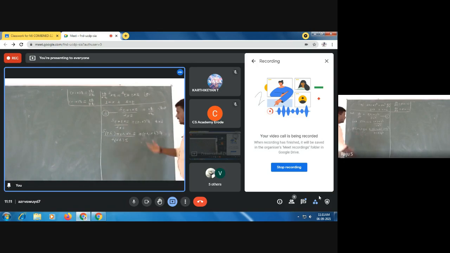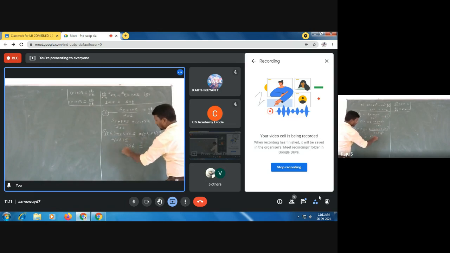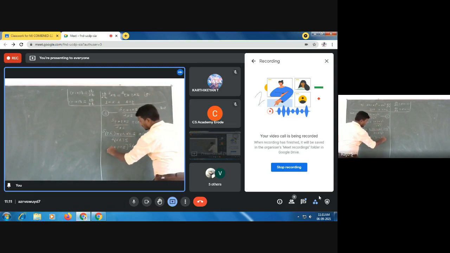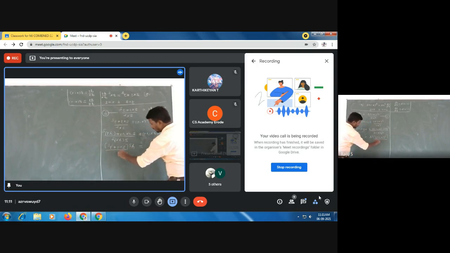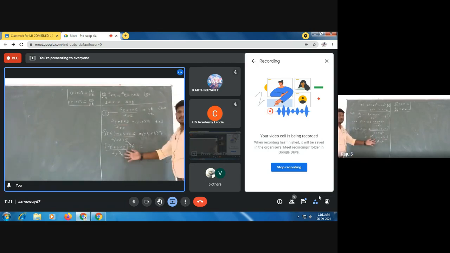Clear? Then what is common in the numerator? Lambda square is common, the remaining is 2xy plus y square by 2 into lambda square x square. Lambda square gets cancelled. So again it is f of x comma y.